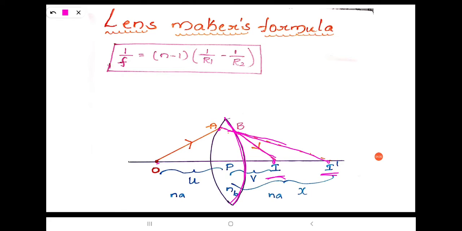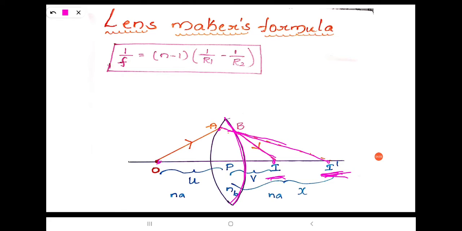Here, what is the object for this I dash? For the image I dash, the object is O, and for this image I, the object is I dash.